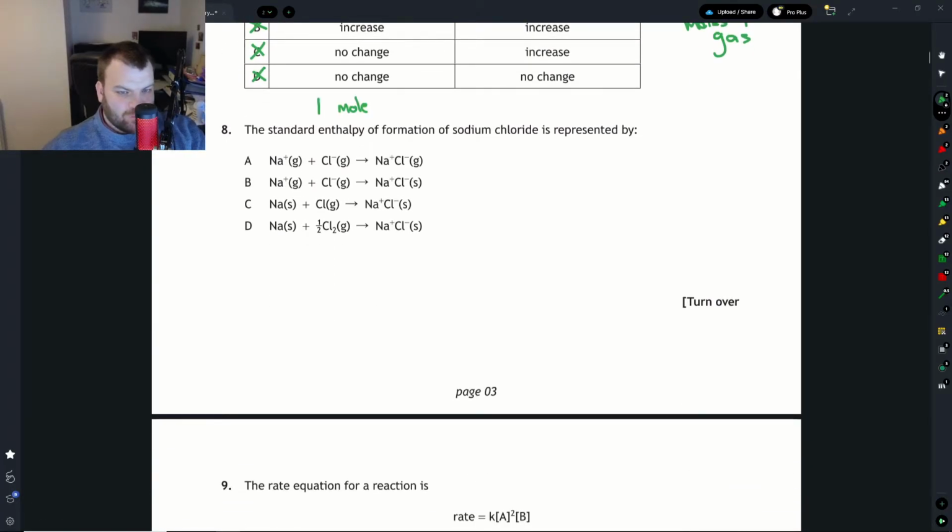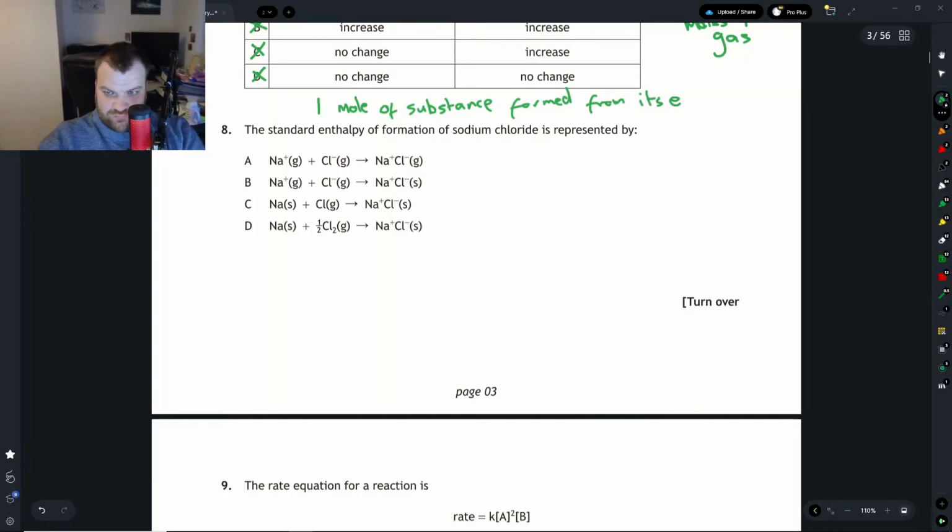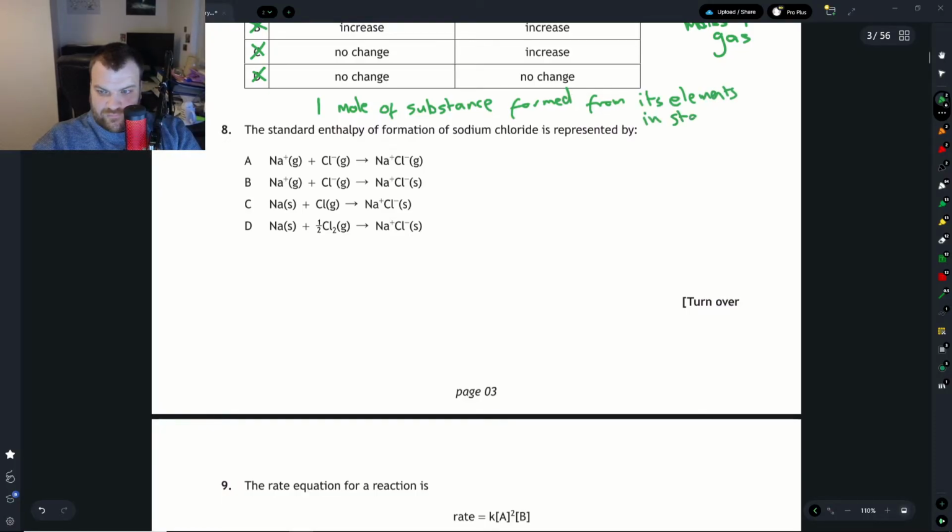We're looking for 1 mole of a substance being formed from elements in their standard states. Sodium chloride would be a solid, not a gas.